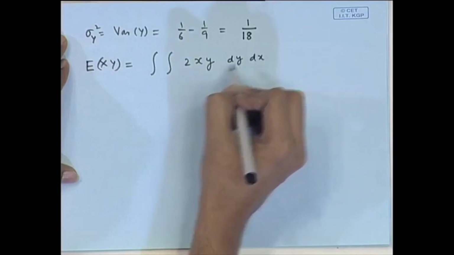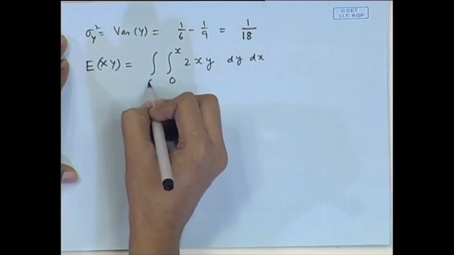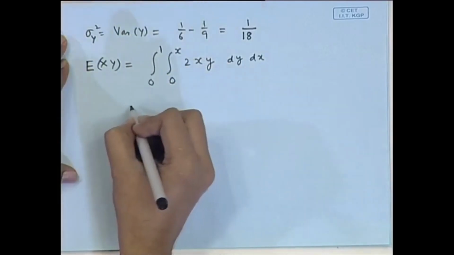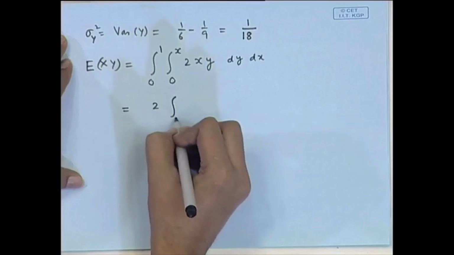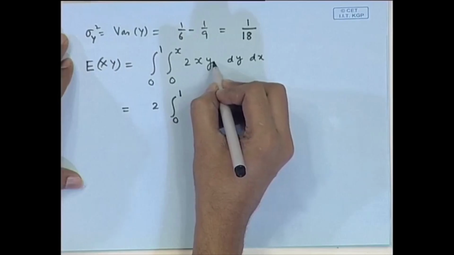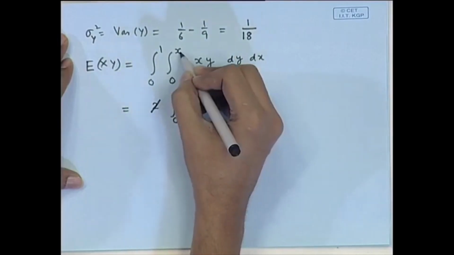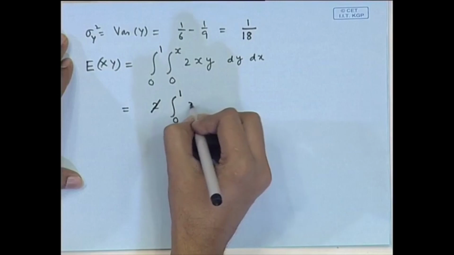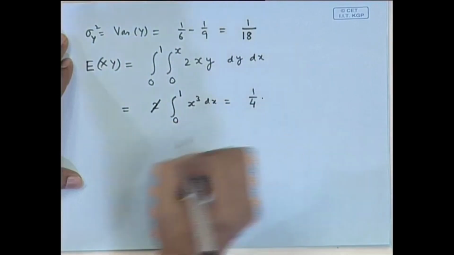The range of y is from 0 to x and the range of x is from 0 to 1. So, this is equal to 2 times the integral from 0 to 1. Firstly we are integrating with respect to y, so we get y square by 2. This term cancels out and that gives us x square. So, we are left with x cube dx, that is equal to 1 by 4.